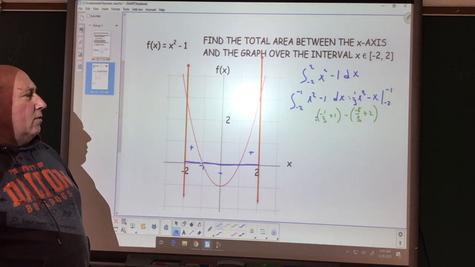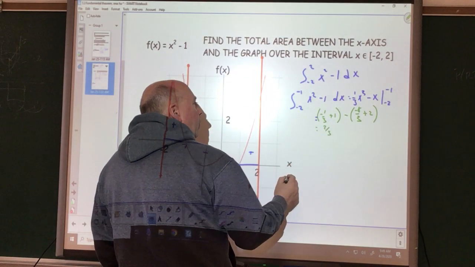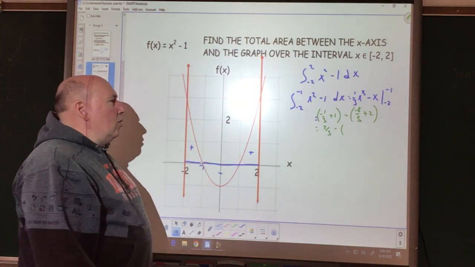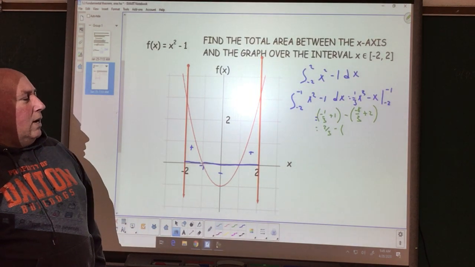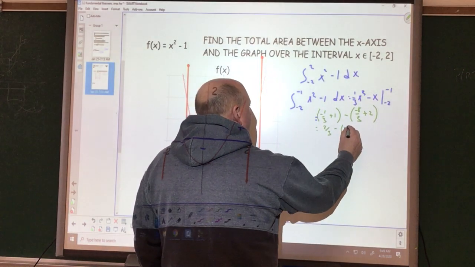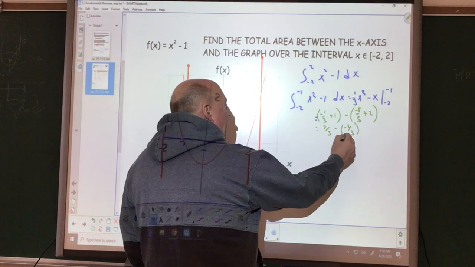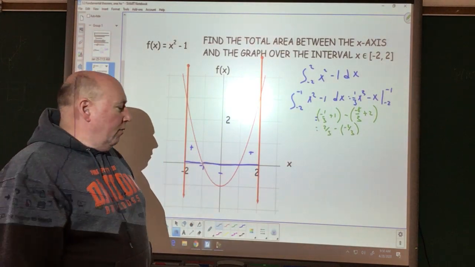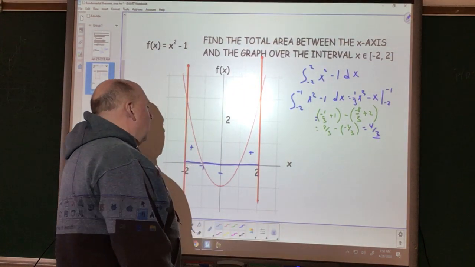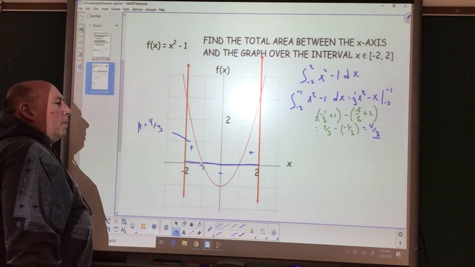Really have to watch our negatives here. So this gives me 2/3 minus 8/3, which is -2 and 2/3, plus 2, gives me a -2/3 here. We have minus a negative there, that gives me a positive. So my first area comes down to 4/3. So this area here is 4/3.